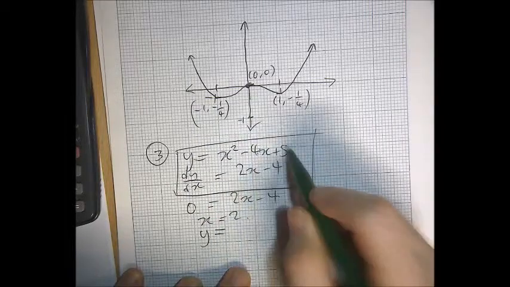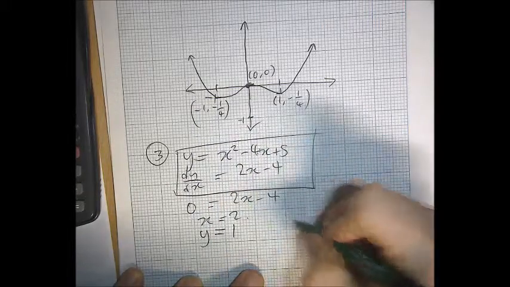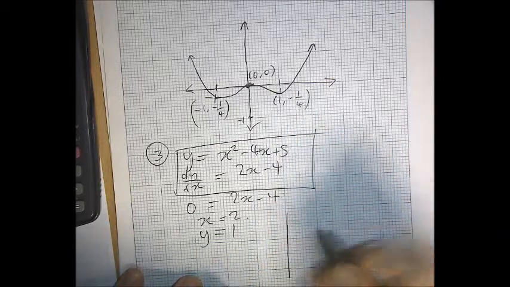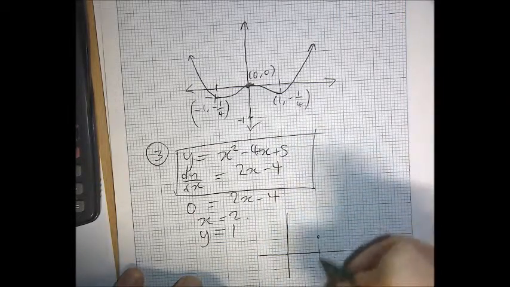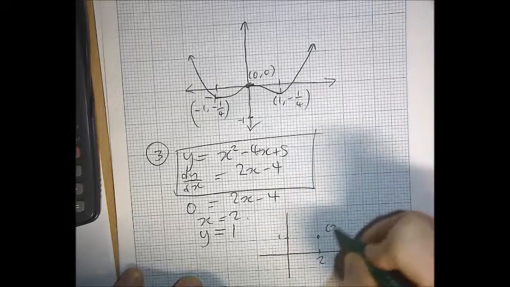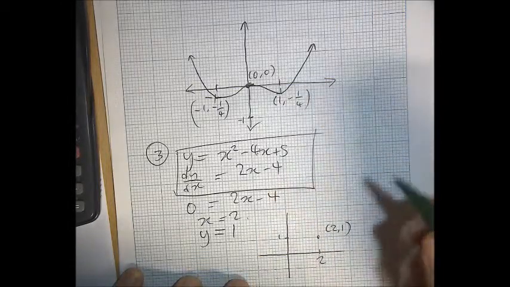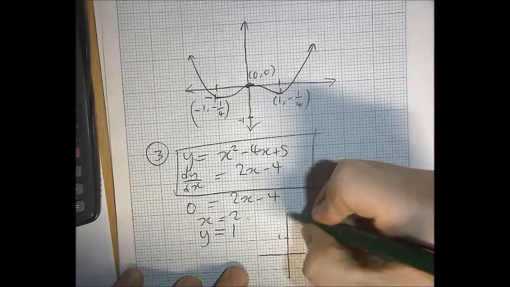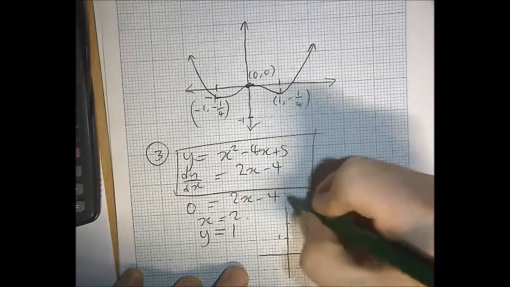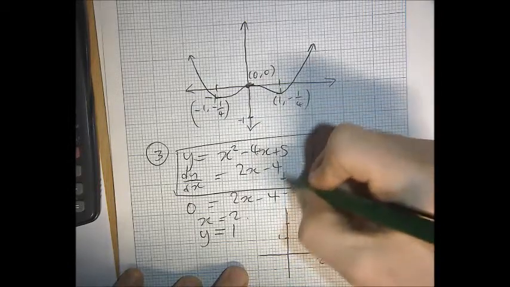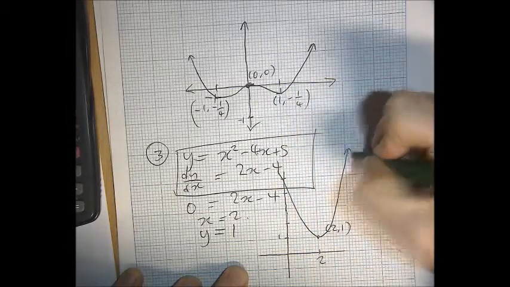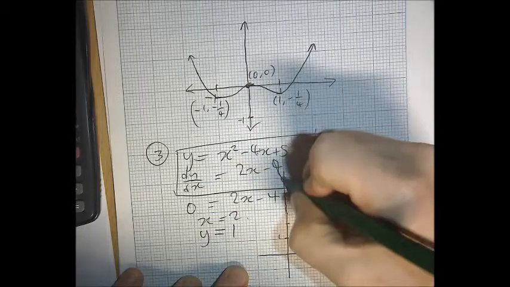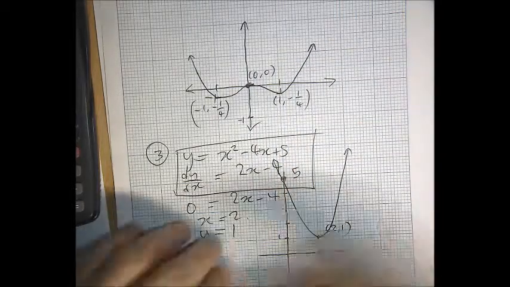It's negative 4 plus 5 is 1. So it's flat at 2, 1. And it has a y-intercept of 5, which I haven't made very neat here. And that's your graph.